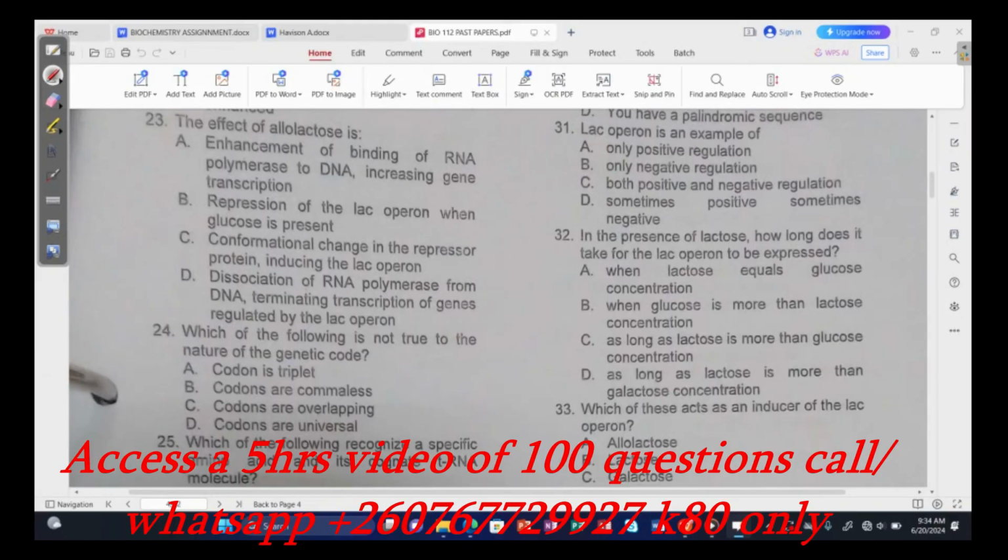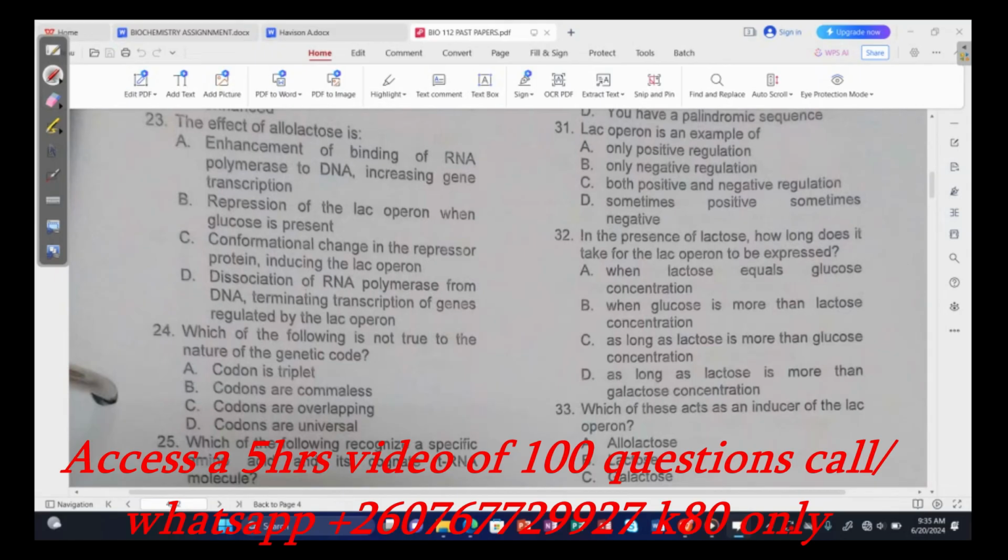It's not allolactose. B is saying repression of the lac operon when glucose is present. So glucose has to be absent for this allolactose to be present or to bind to the repressor. When glucose is present, the repressor will be sitting on the operator and the allolactose won't be there, because the presence of glucose means that lactose is not present. Even if it's present, it will not be in use, so you do not have allolactose.